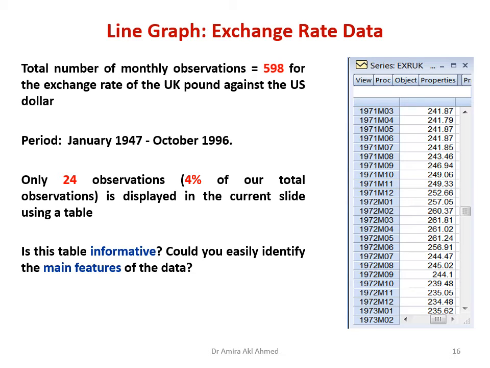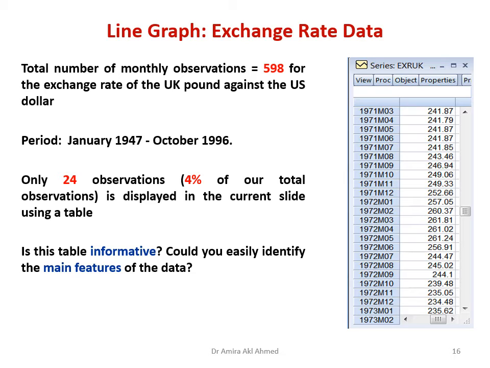The screenshot shown in the current slide displays only 24 observations of this dataset using a table. This subsample represents 4% of our total observations. The subsample is small, but the table is not informative, since we couldn't identify the main features of the data easily by looking at the numbers.